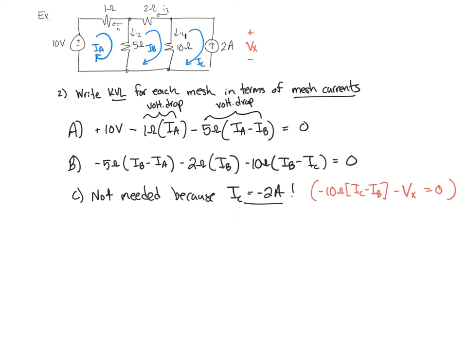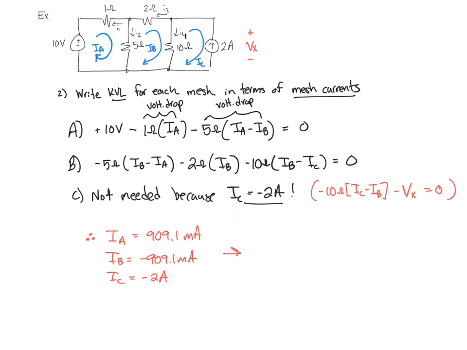Okay, so looking back at our system, we have two equations, KVL-A and KVL-B, and two unknowns, IA and IB. That's because IC is known. Therefore, we can solve this system. The solution, when we plug that into our favorite solver, like MATLAB, will be IA equals 909.1 milliamps, and IB is negative 909.1 milliamps, and of course IC is negative 2 amps.